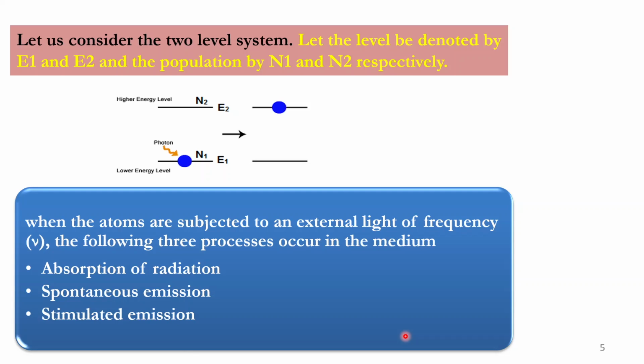In the previous lectures we have seen, when the atoms are subjected to an external light of the frequency nu, then the three processes may occur in that medium, such as the absorption of the radiation, spontaneous emission and the stimulated emission.